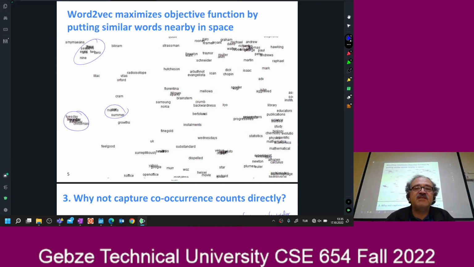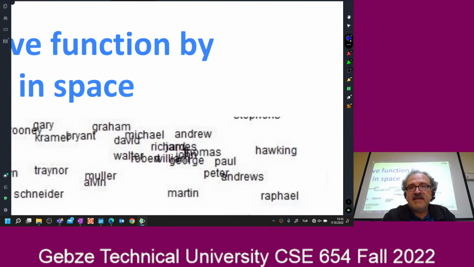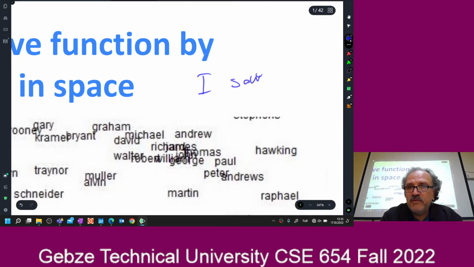The main objective function says that if two words happen together, their vectors should be similar to each other. Okay, so I say, I saw 5 cars.